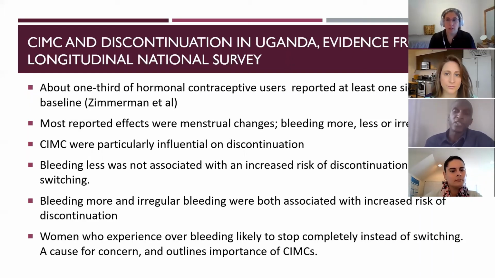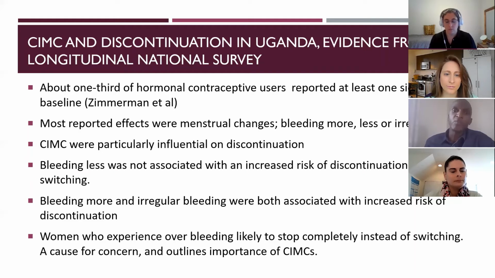We found that contraceptive-induced menstrual changes did influence contraceptive discontinuation: bleeding more or bleeding irregularly were both associated with a higher risk of discontinuation. We saw relative risk ratios as high as 2 and 1.8 respectively.